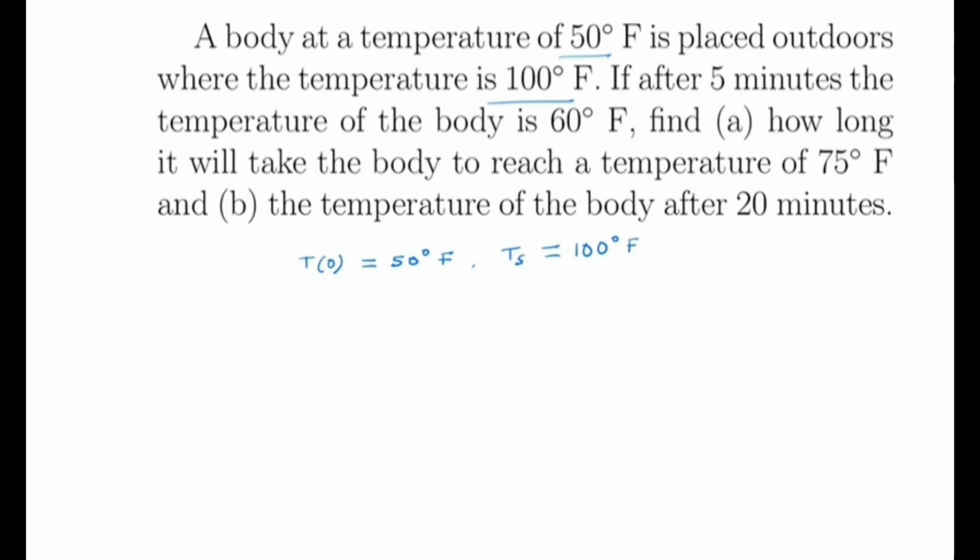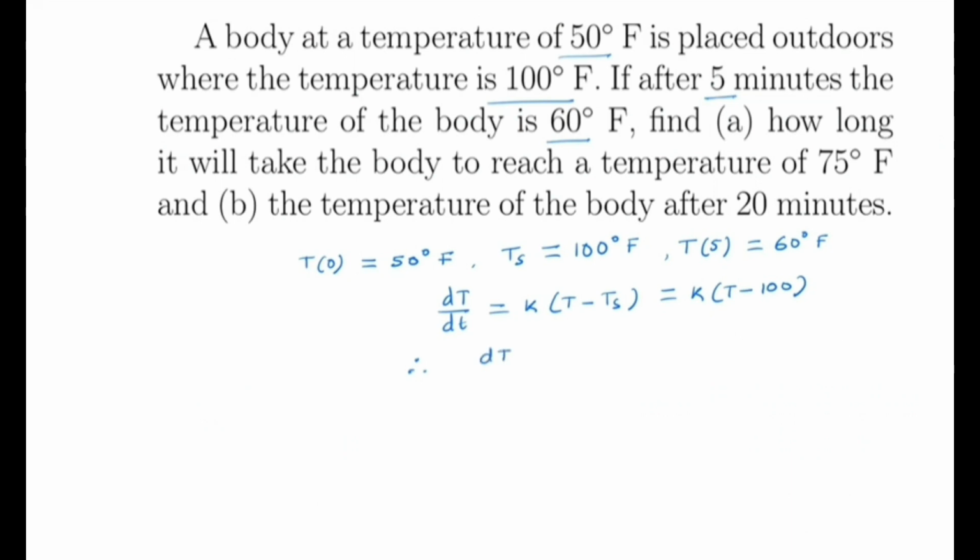And another thing is given that after 5 minutes, the temperature of the body is 60 Fahrenheit. So T of 5 is nothing but 60 degree Fahrenheit. Okay. So by the Newton's law of cooling, we know that dT by dt is k times T minus Ts. And here Ts is 100. So it will be k of T minus 100.